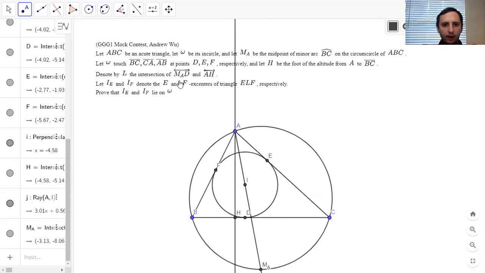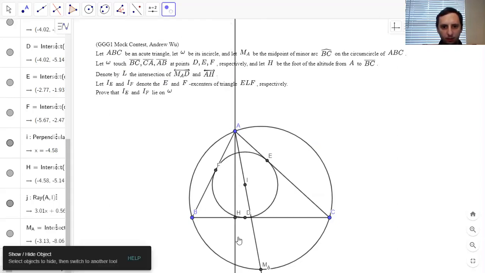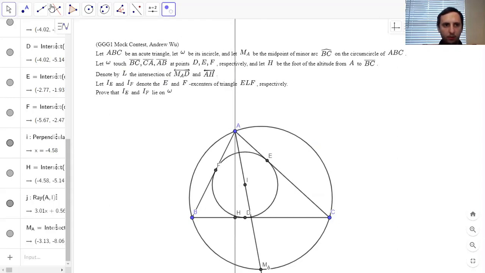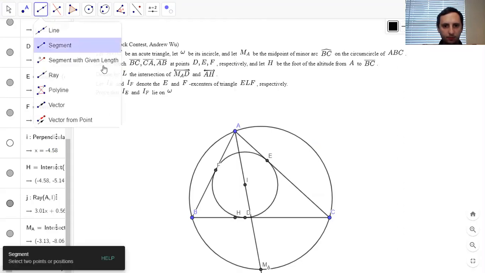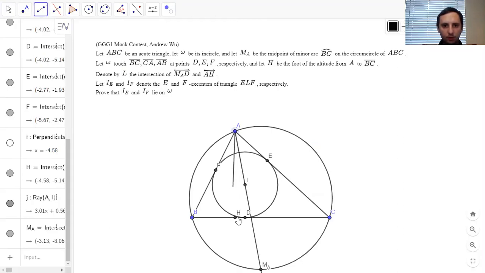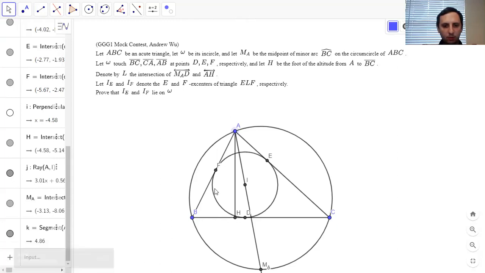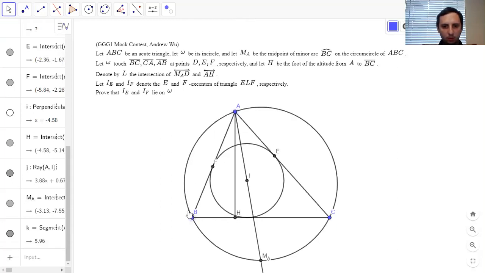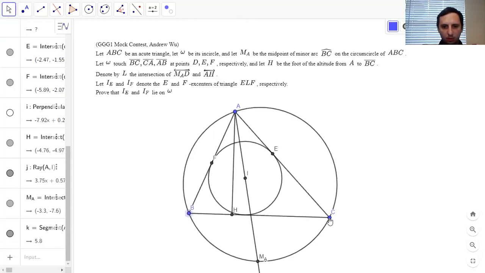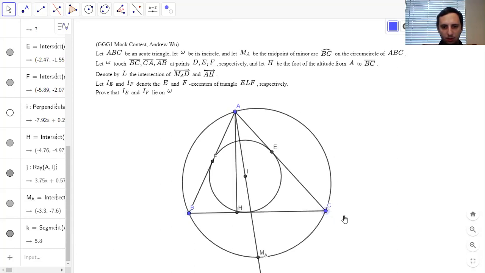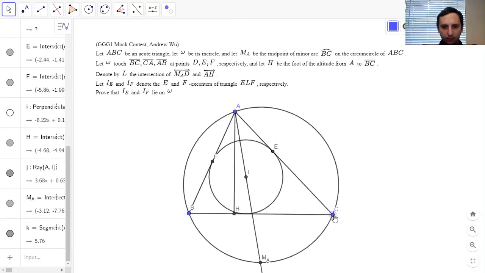Let me hide the, there we go. We want L to be the intersection of MAB and AH. I'll make sure point D shows up. There we go.